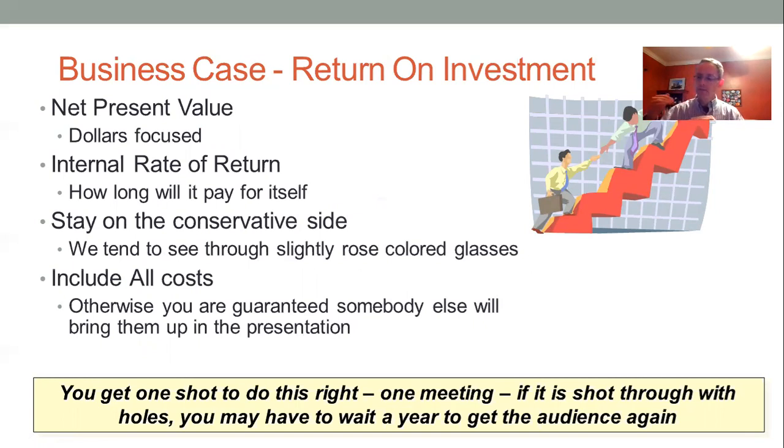And then the return is going to be, over the second year, third year, fourth year, I'm going to get increases in sales of this much, and this much, or I'm going to have increased savings of this much, and this much. You subtract the cost from the savings or the return to get what the change is over time.